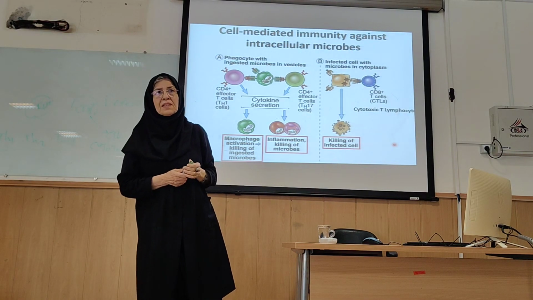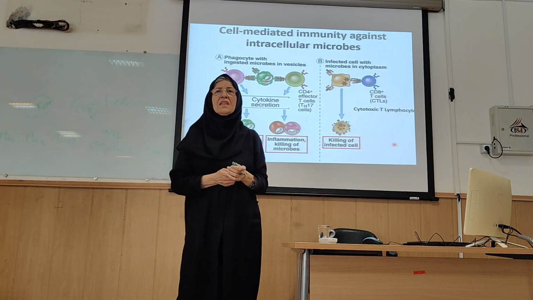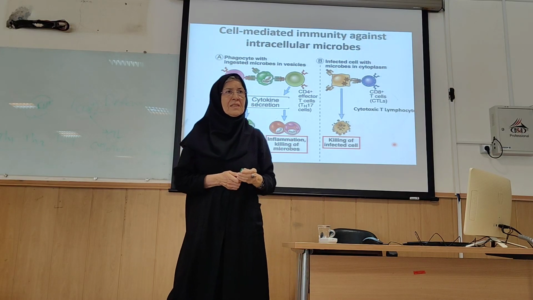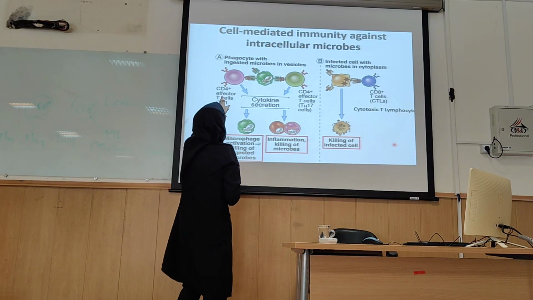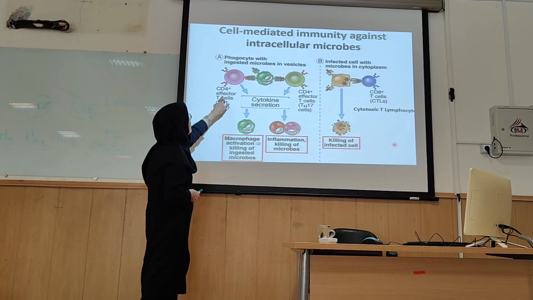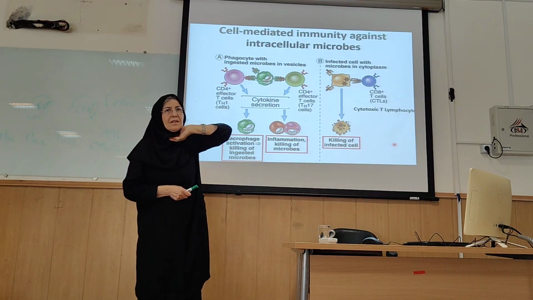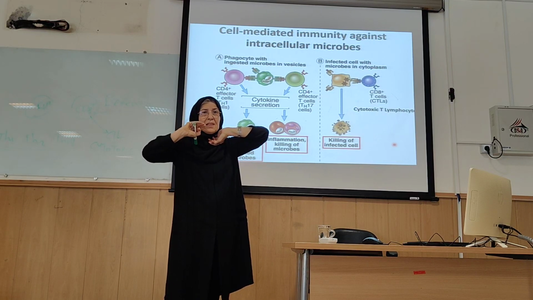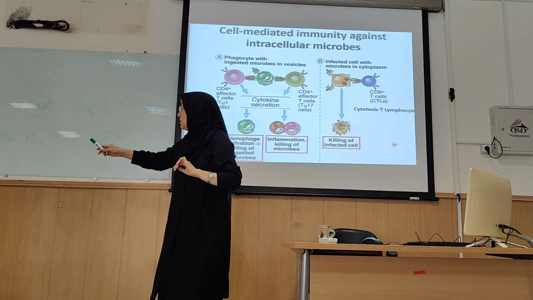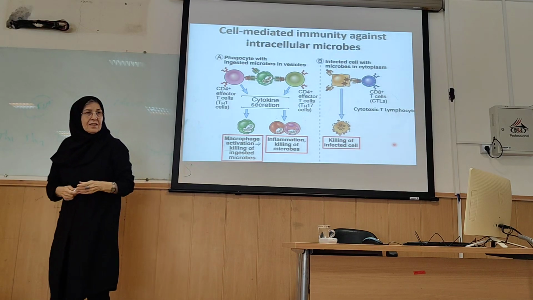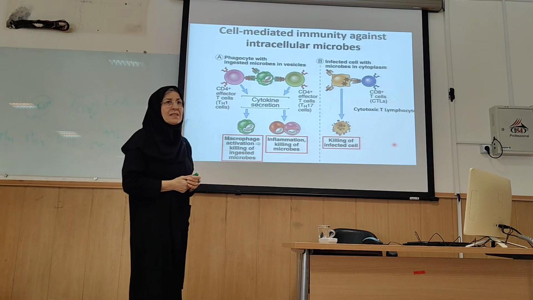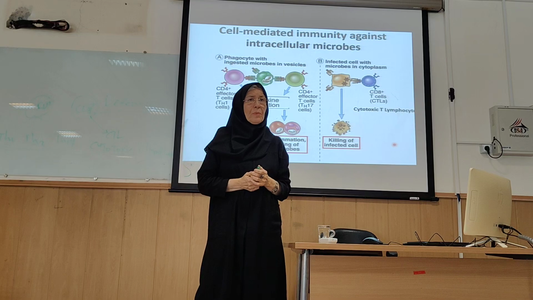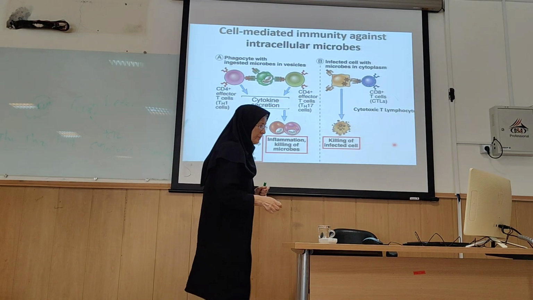And the effector cells of CD4 positive T cells: T helper 1, T helper 2, and T helper 17. These are the 3 effector cells of CD4 positive T cells.